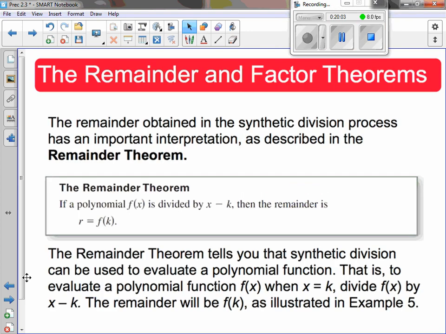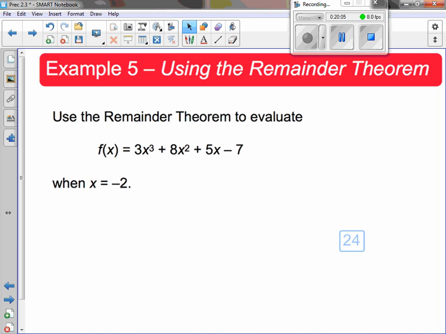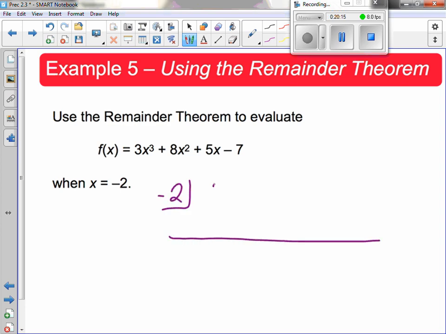Because the remainder theorem tells you that if we use the remainder theorem here, like example 5, and we plugged it in, we would get a value. Or if we use synthetic division, we'd have 3, 8, 5, -7. Drop the 3. 3 times -2 gives -6, and we add to get 2. -2 times 2 is -4.